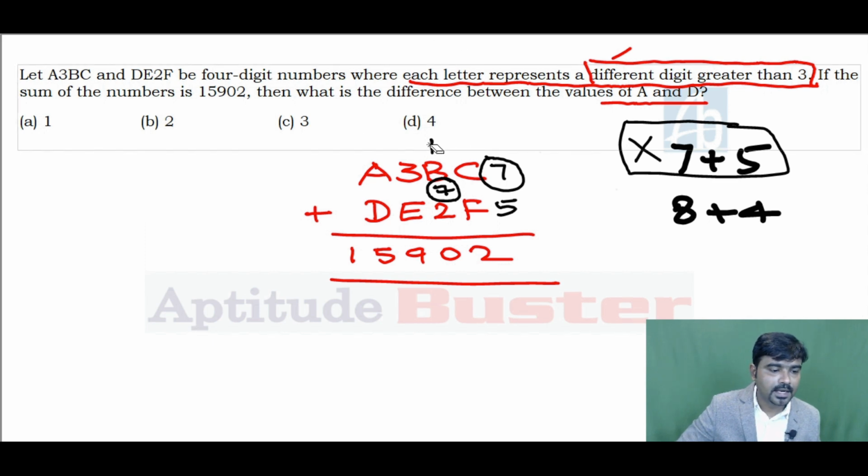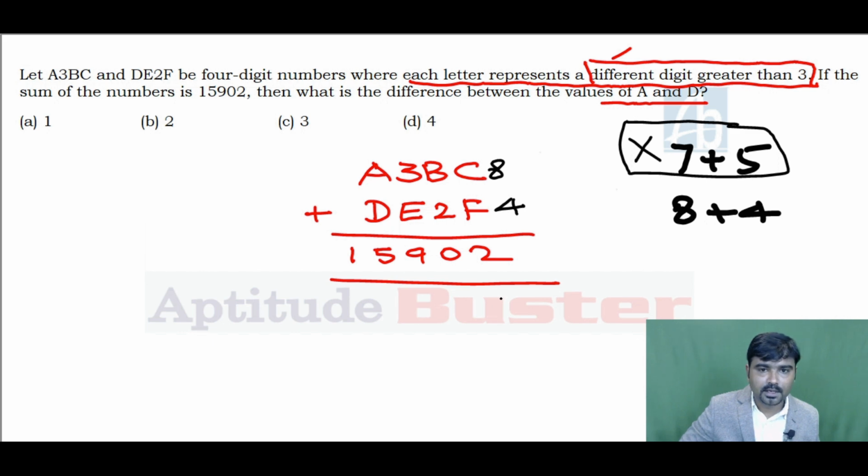If I choose 8 and 4 for this, 8 plus 4 is 12, the carryover is 1, 1 plus 2 is 3, 3 plus 7 gives you 10. Again the carry is 1, 1 plus 3 is 4, and we need to substitute the value for E as 5, then only we get 9.